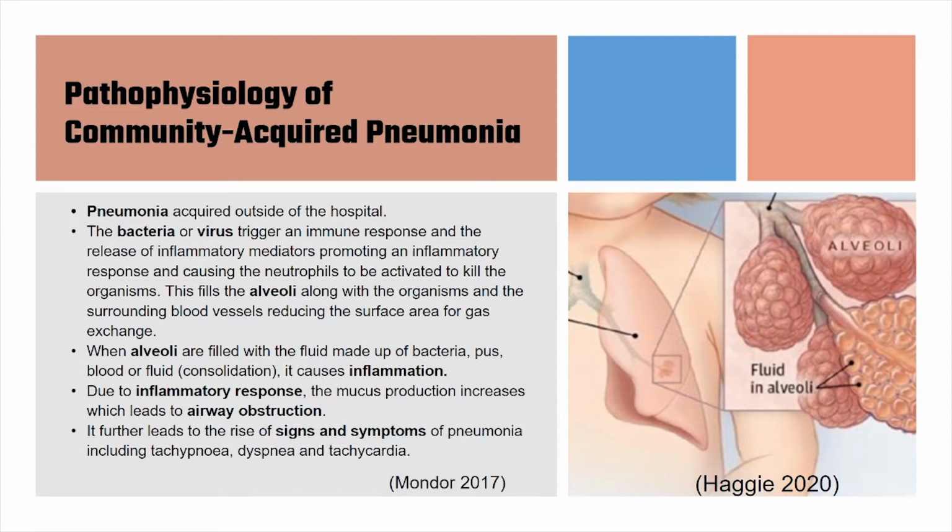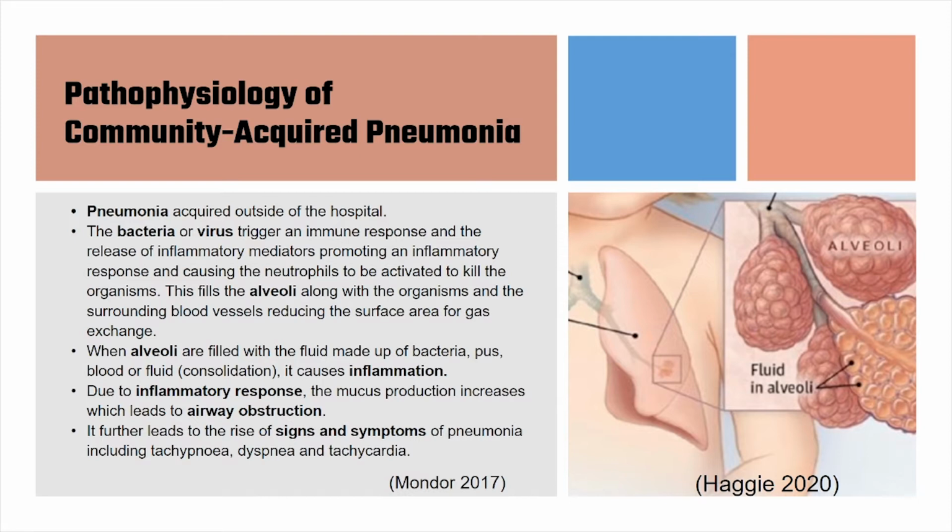When causative organisms enter into the lung, this triggers inflammatory responses in the lungs, such as attracting neutrophils, releasing inflammatory mediators, and fibrinous exudates, red blood cells, and bacteria accumulation. When the neutrophils are activated, they engulf and kill the organisms that cause the inflammatory response.